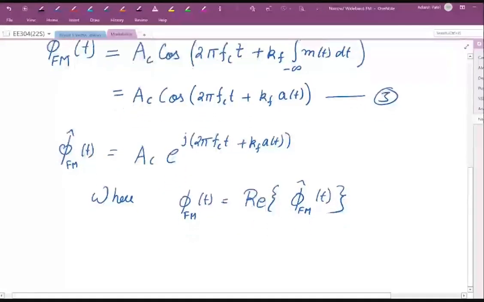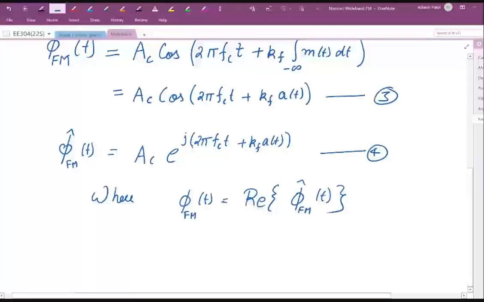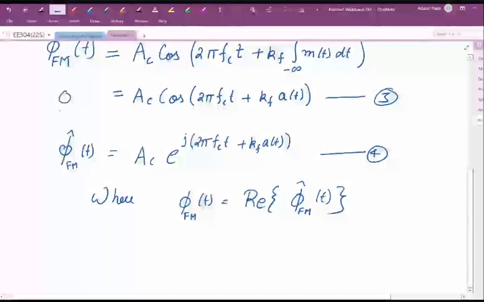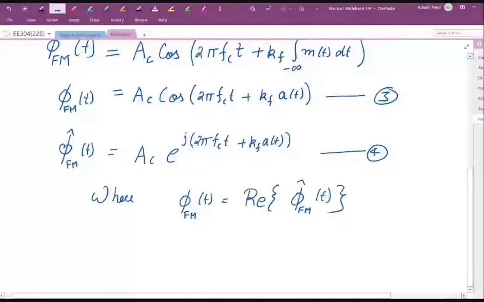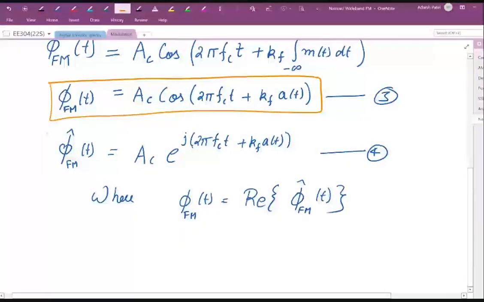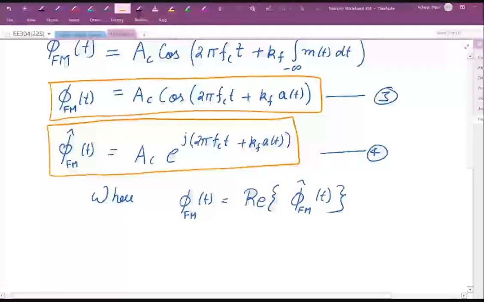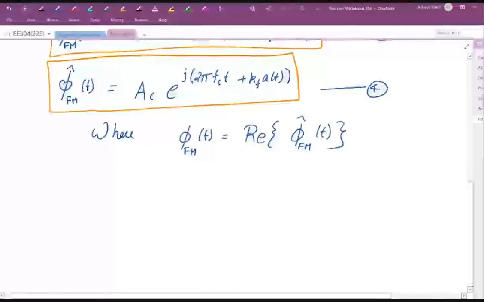So this is what we have said here, and this can be equation number 4. So far, so good? Anyone have any doubts? These two are the equivalent phasor form representation of this.